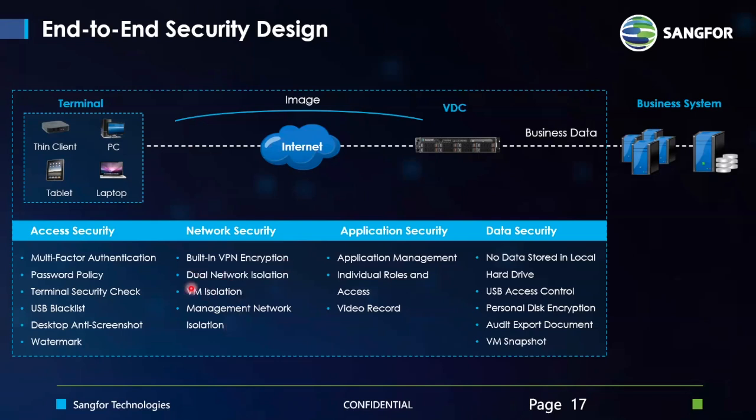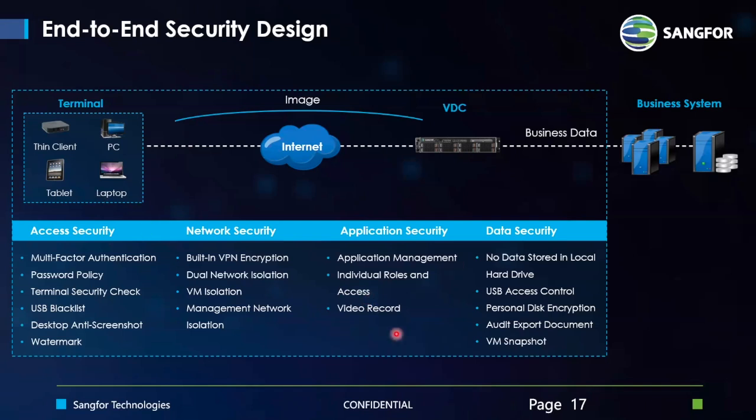Built-in VPN encryption, dual network isolation. As I mentioned, we have built-in firewall, distributed firewall as well, VM isolation, management network isolation as well, application security. You can manage which application needs to run on that PC and laptop, individual roles and access, and video records as well.